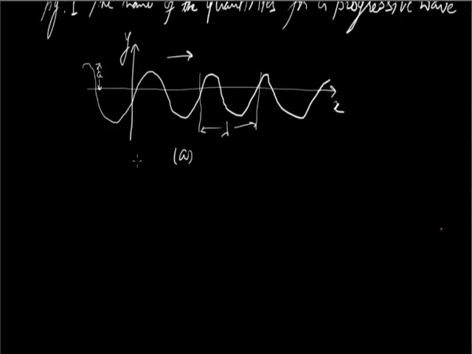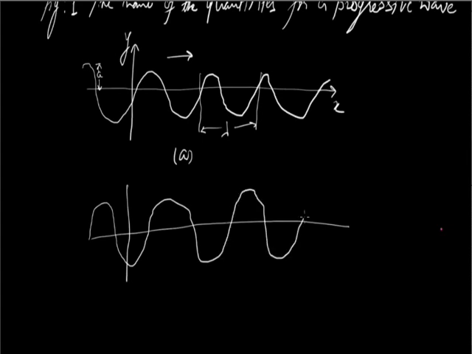Now let's talk about graph B. Here in this graph we have something like this. This is again showing a progression of the wave in the x direction, and this will be the y-axis.